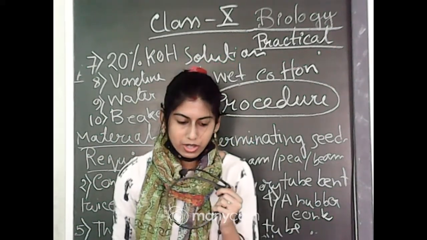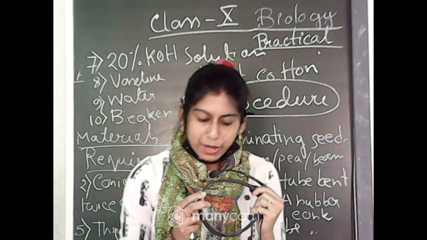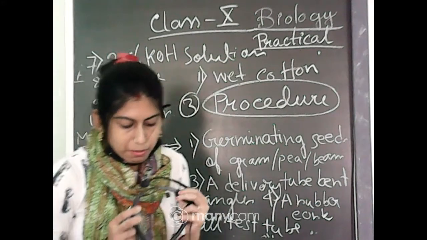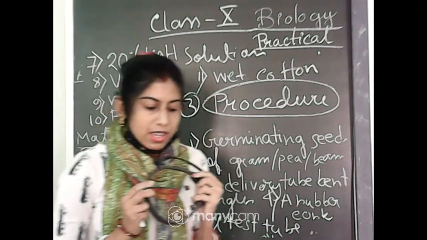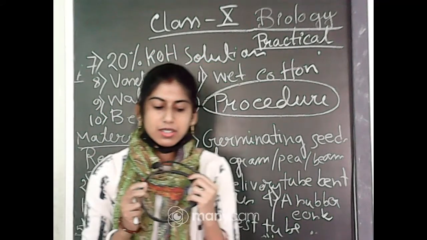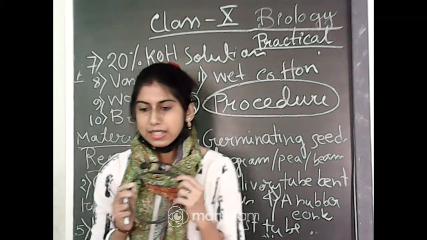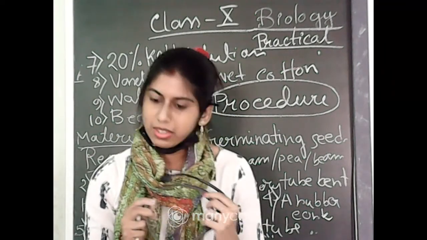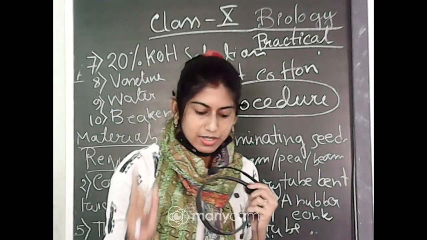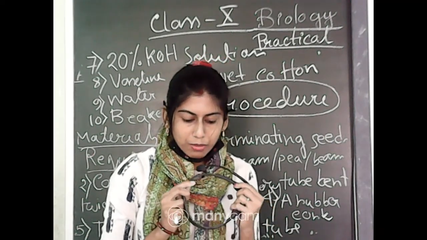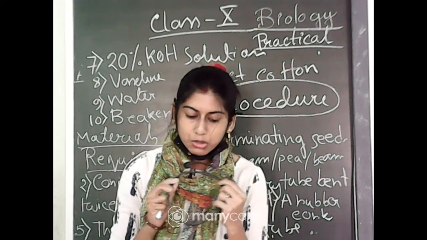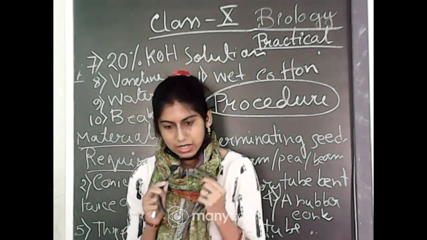Sixth point: make the apparatus airtight by applying Vaseline on the cork. Seventh point: dip the other end of the bent delivery tube in a beaker of water.